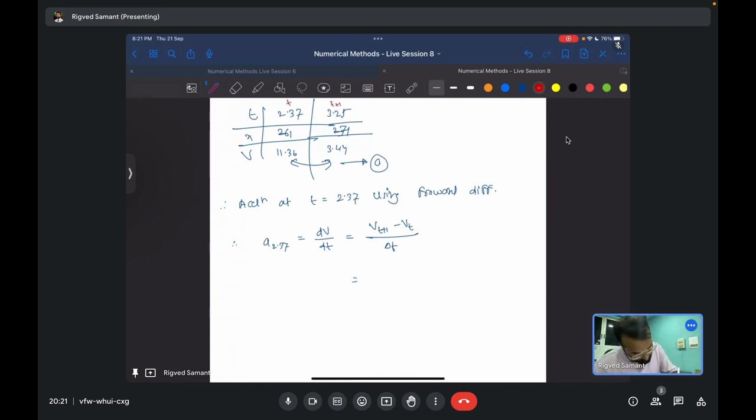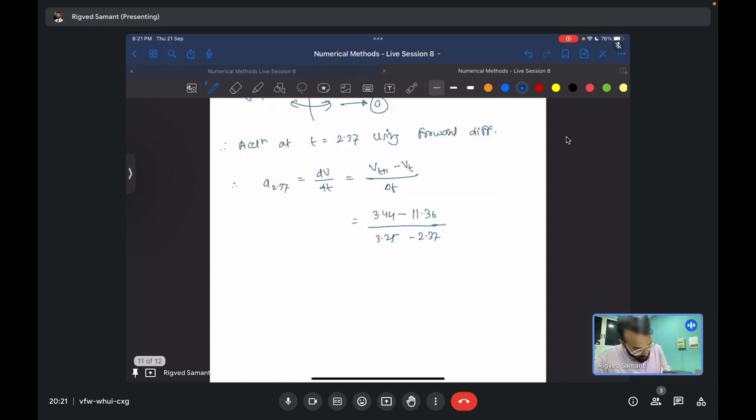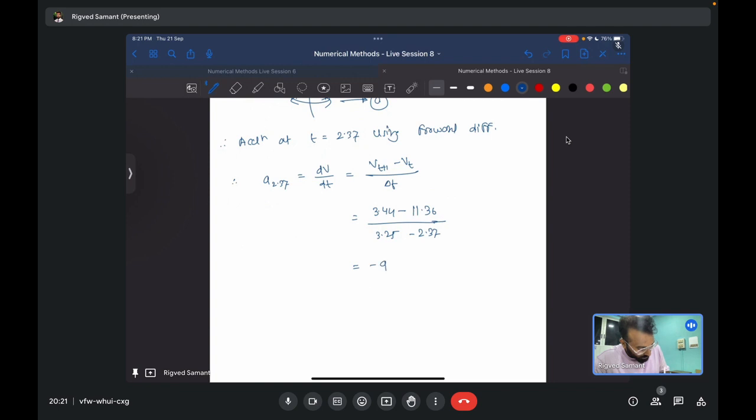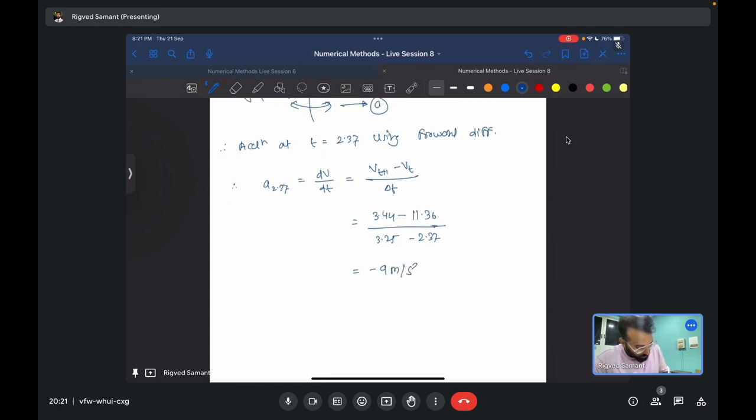So 3.44 minus 11.36 divided by delta t, which is 3.25 minus 2.37. So you will get the value as minus 9 meter per second square, acceleration at 2.37.